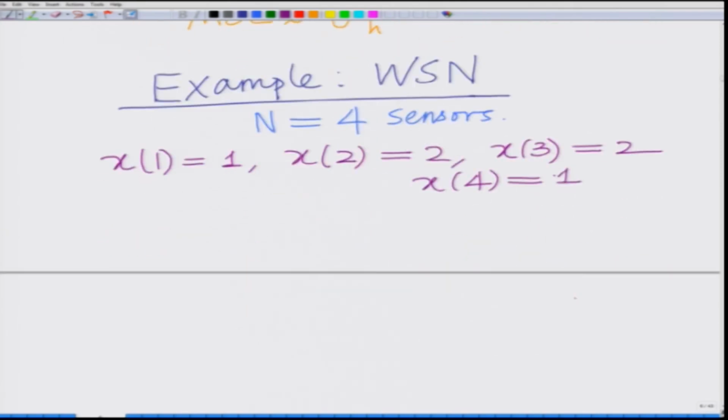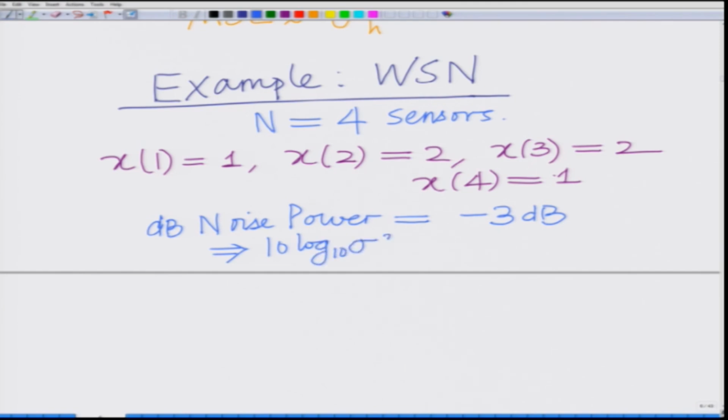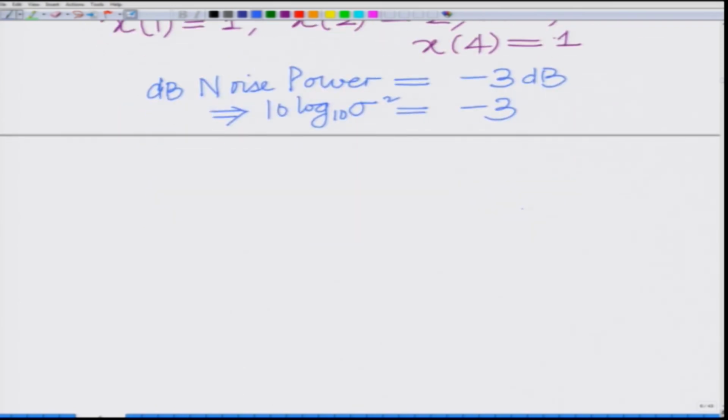Noise power, we have the noise power equal to minus 3 dB, which implies 10 log 10 sigma square equals minus 3. This implies sigma square equals 10 to the power of minus 0.3, which is approximately equal to half.